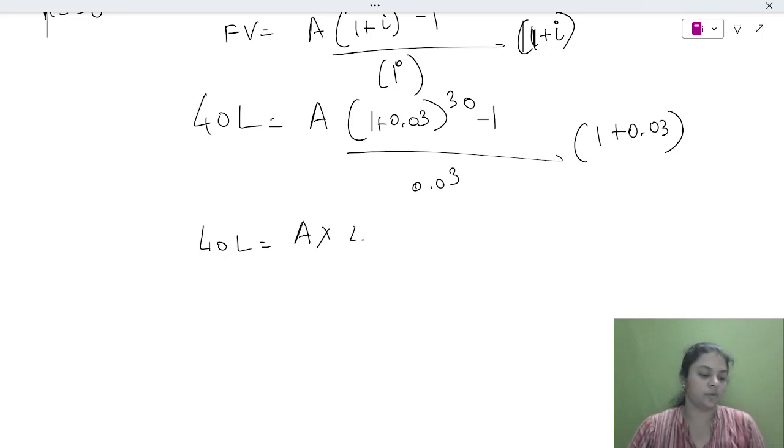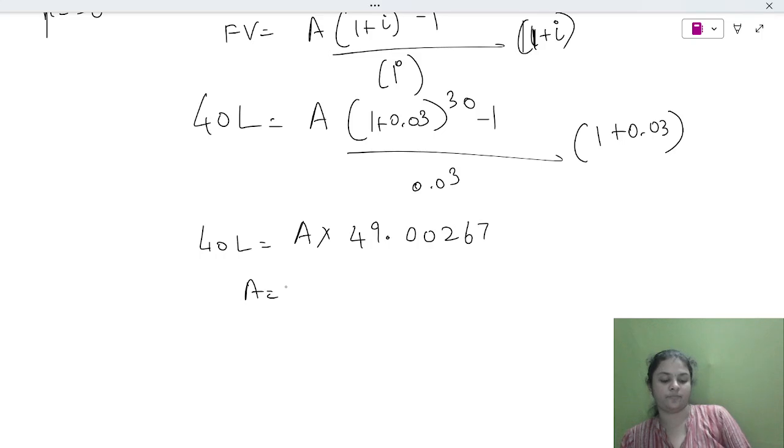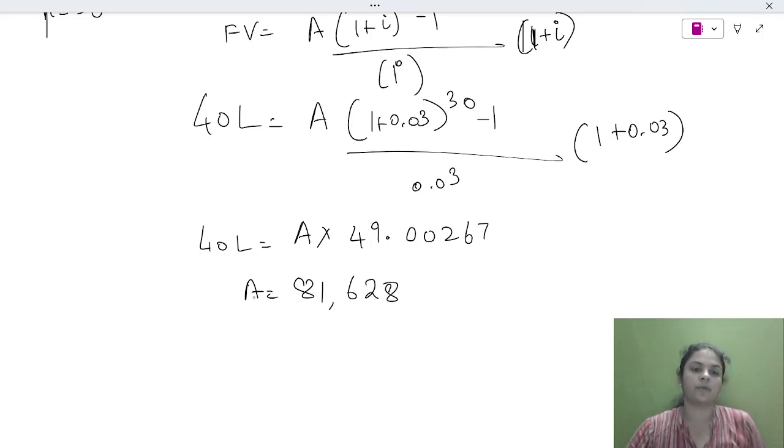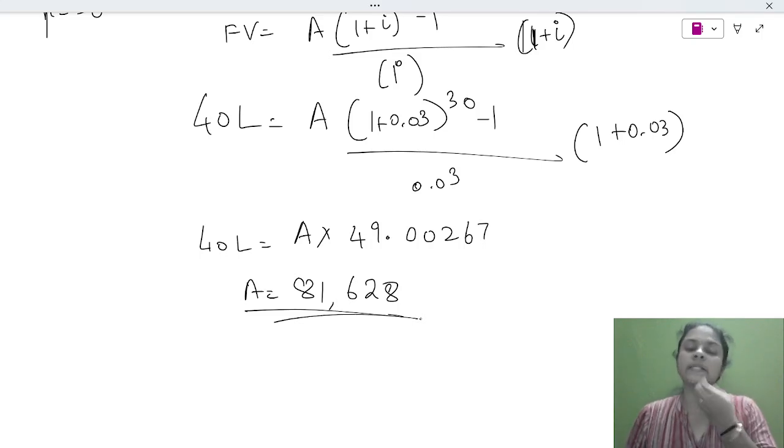So A into, you will get 49.00267 or 27. So A is equal to, you will get annuity as 81,628 approximately. 81,628.